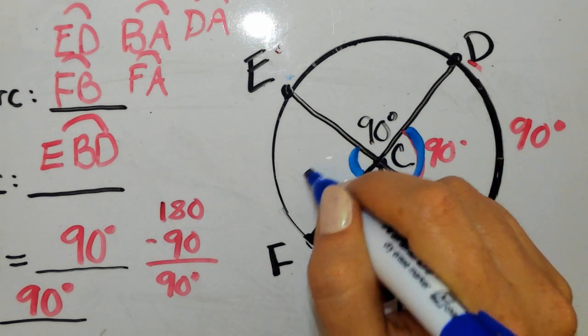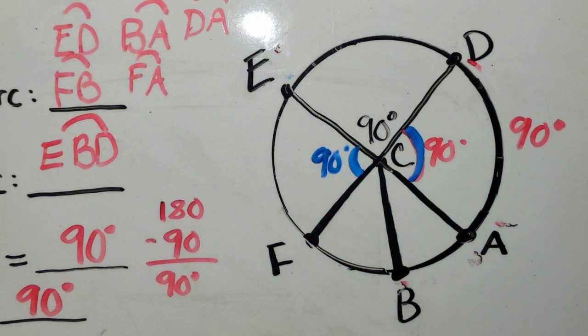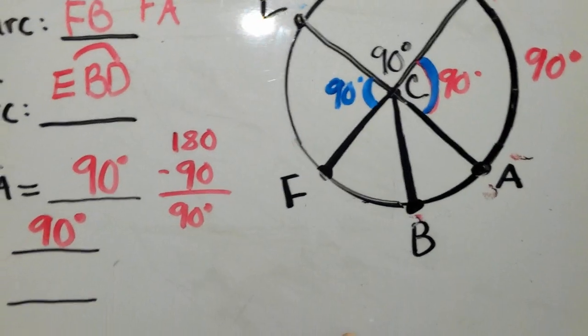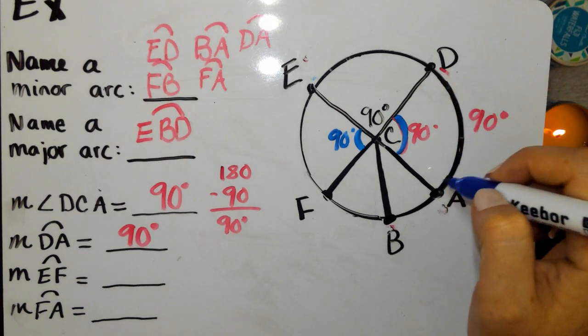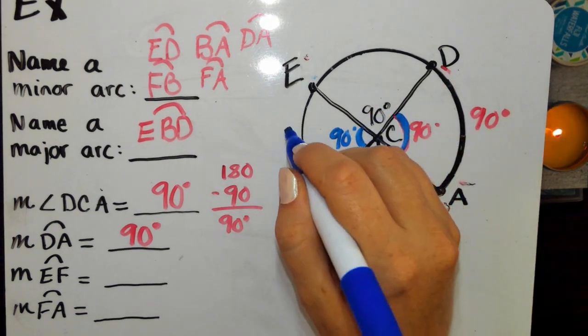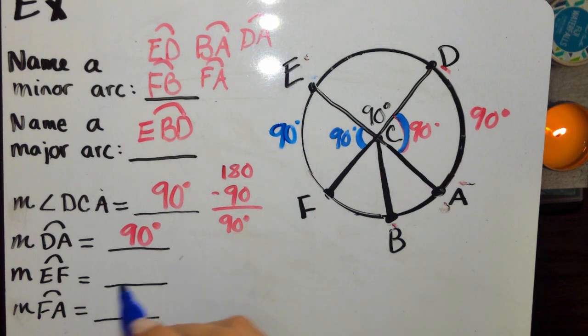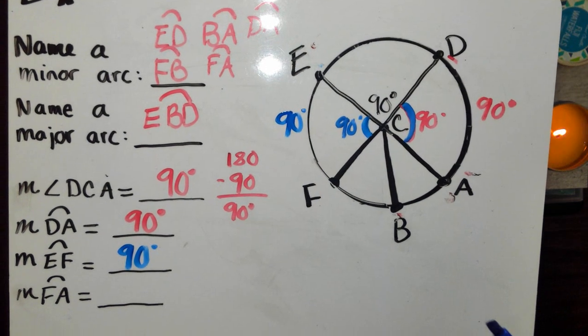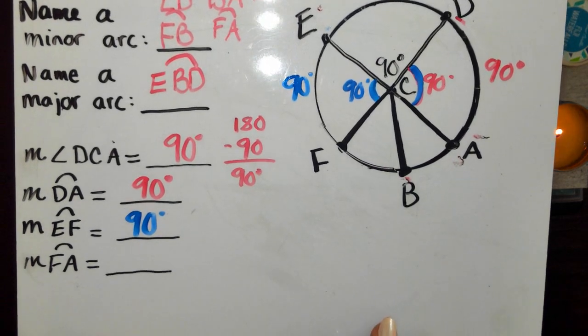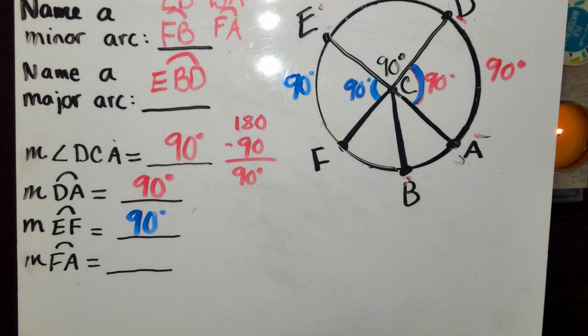So if this angle is 90, this angle is also 90. Which also means that if this angle is 90, this arc is going to be 90. So the measure of arc EF would also be 90 degrees.